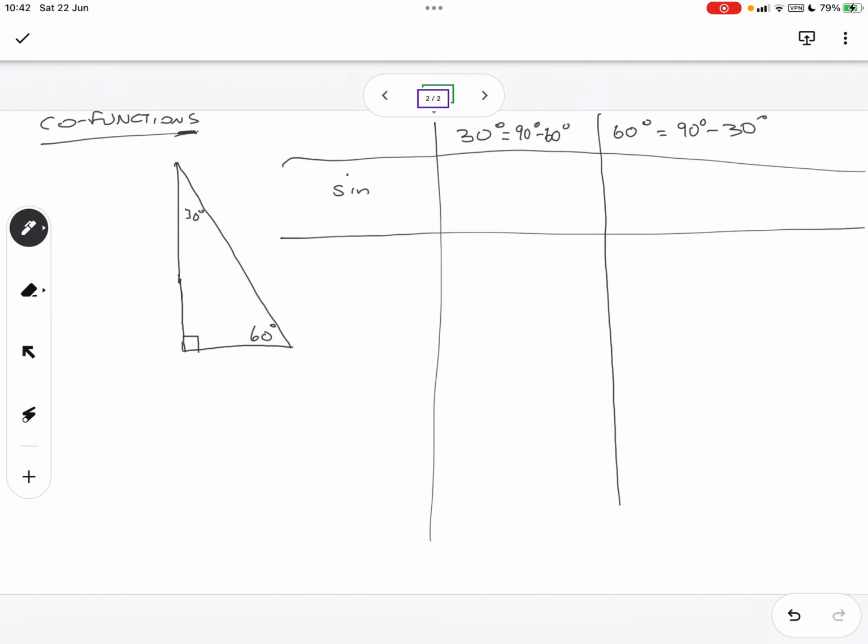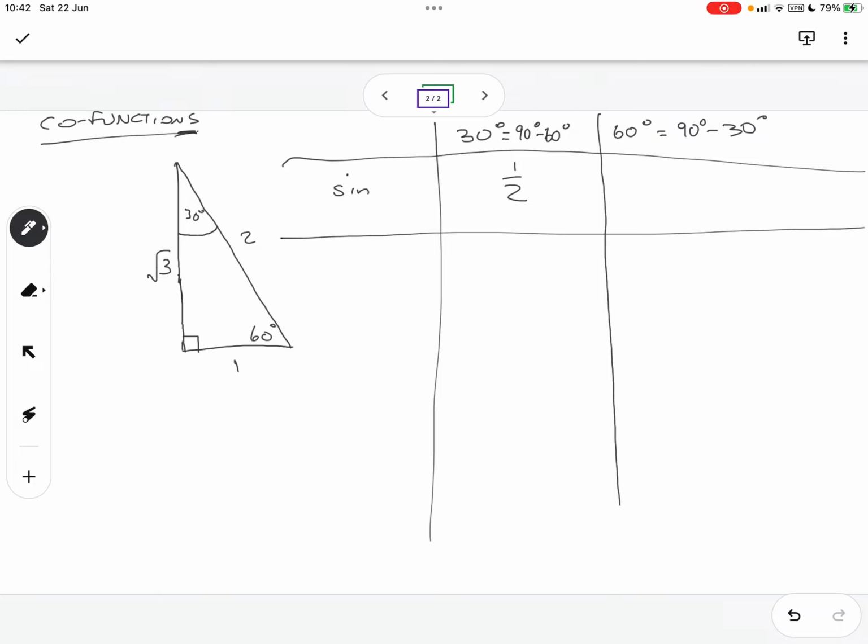The sine of 30 degrees. What is the answer there? Sine of 30 degrees. Anyone? We get 1 over 2.